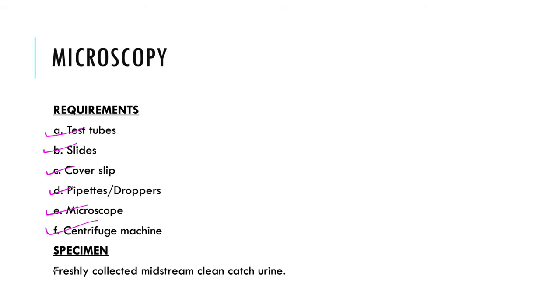That is a very important part. You just remember: freshly collected midstream clean catch urine. What is the meaning of that? When the person starts the urination process, the first few drops should be omitted, and then the midstream clean catch, which means the middle portion of the urine, the person should collect in a sterile container.